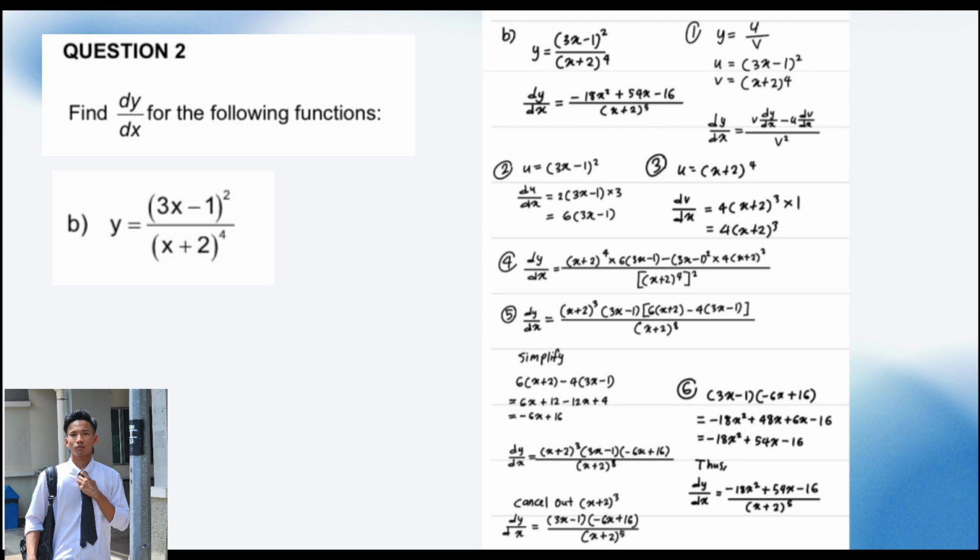The quotient rule states dy over dx equals (v du over dx minus u dv over dx) over v squared. Number 2. Find du over dx.